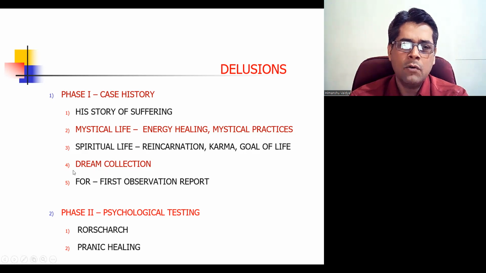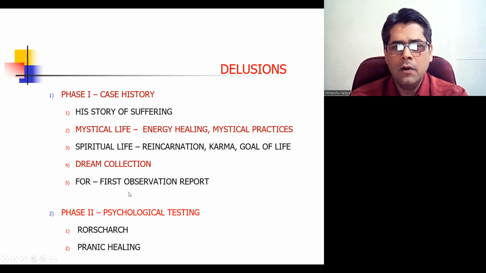We write down a collection of dreams from the monk, and we write down the first observation report of the monk. When you meet the monk for the first time, what are your observations about him? How does he appear? Masculine, feminine, dominating, submissive, cheerful, gloomy, truthful, liar, genuinely spiritual, hypocritical?